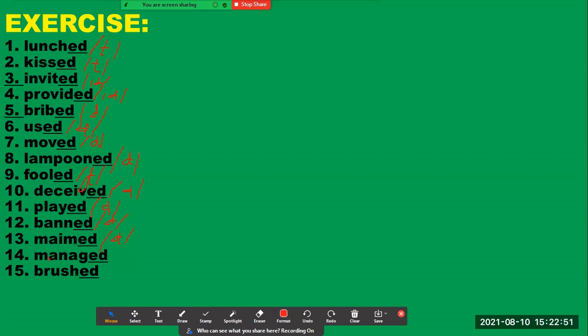Then managed, again, this is D, because you discover that this is J, managed. Then this is brushed. This, of course, is T because the sound is the sound of the sh.